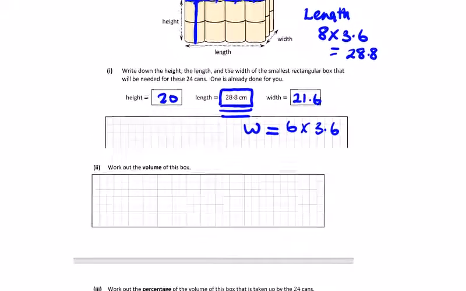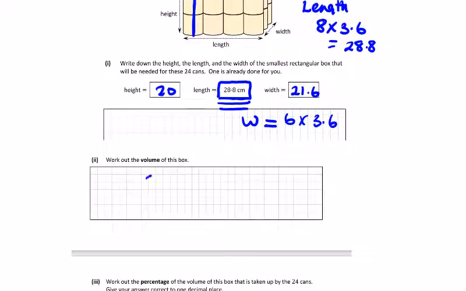The volume of the box is going to be the 3 multiplied together, 20 by 28.8 by 21.6. Just type that into your calculator. Double check your answer each time when you use the calculator. This is giving me 12441.6, and that's centimeters cubed.